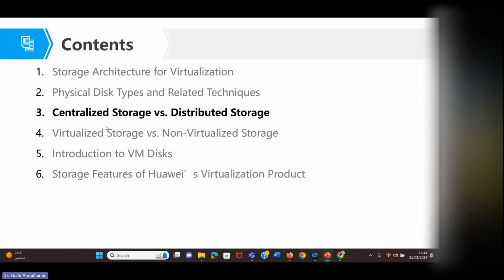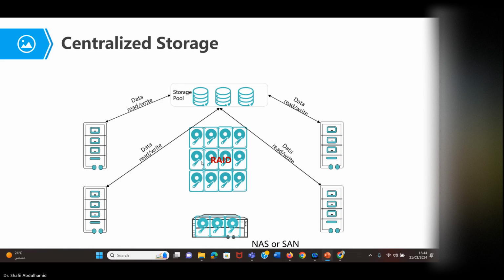Okay, so we go to centralized storage and distributed storage, and how cloud service handles these technologies. From the name centralized storage, it implies that the information is centralized somewhere, and other users all have to go to the same point to be able to access the information.